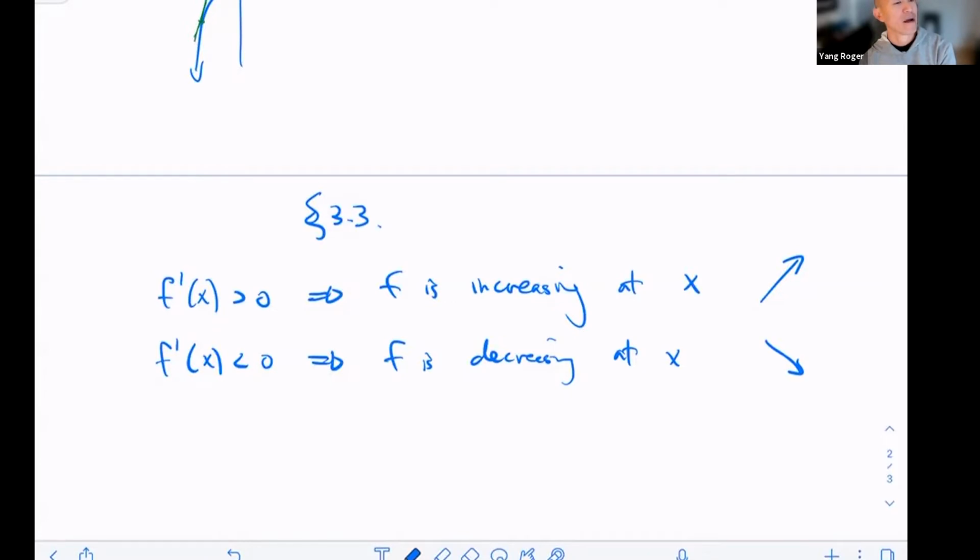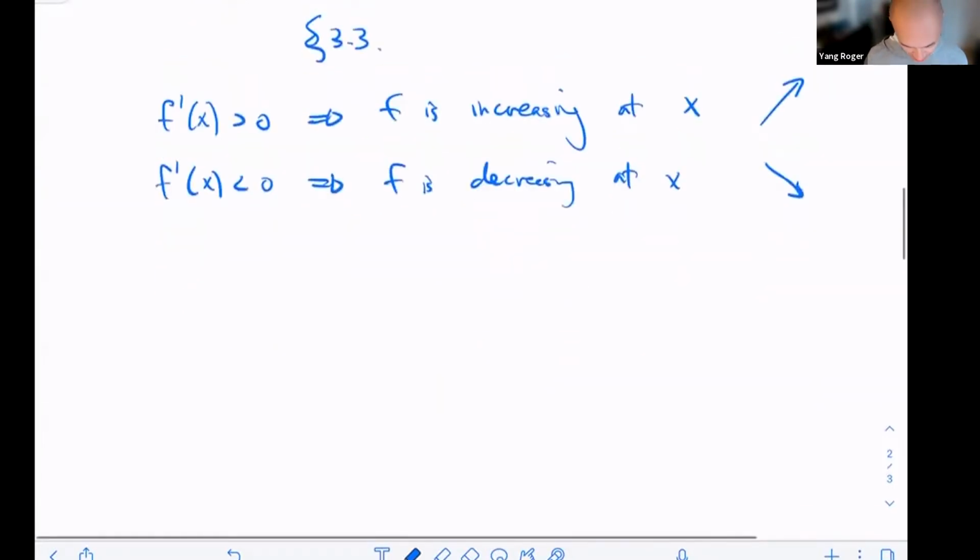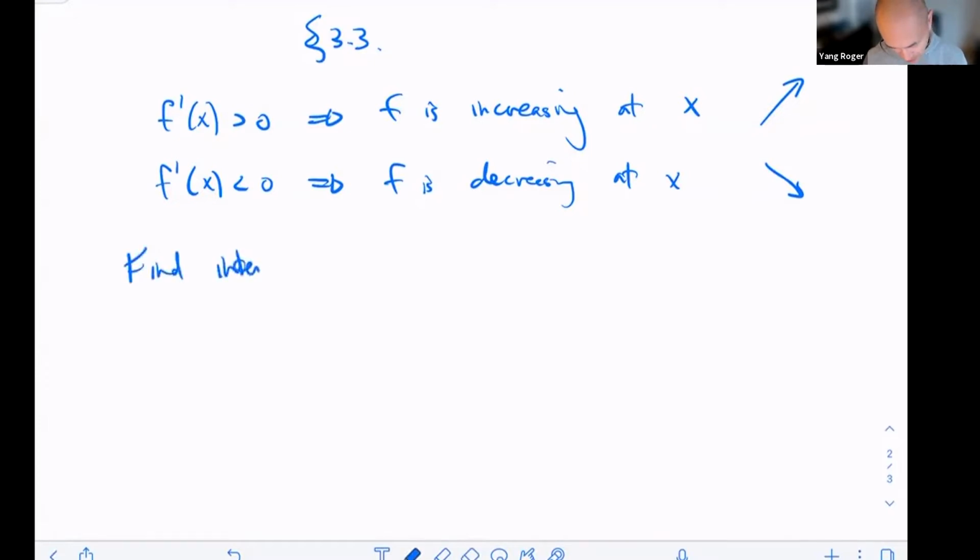And what we can do is talk about, or I guess there's a couple things we want to do. One thing we want to do is find intervals of increase and decrease.